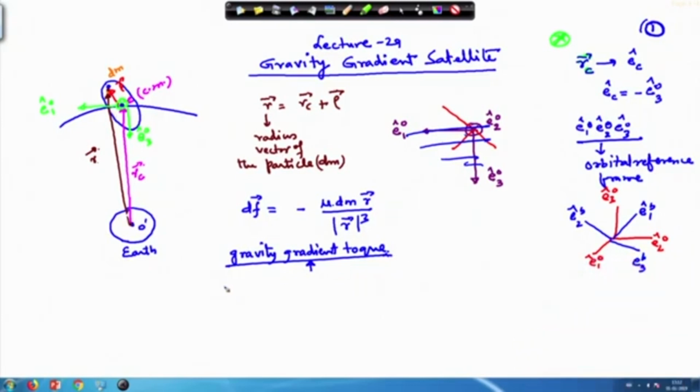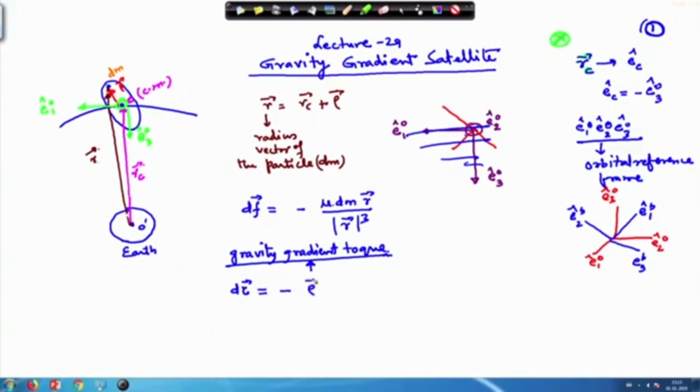So, the gravity gradient torque, we can show it by tau, or any other notation, it is not a problem. So, let us say that we show it by tau.